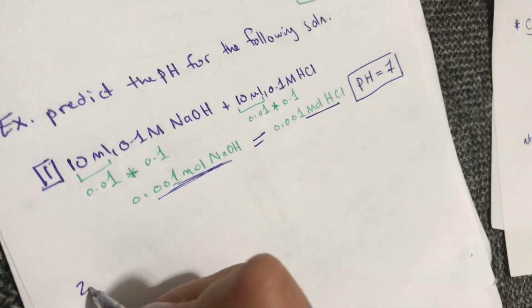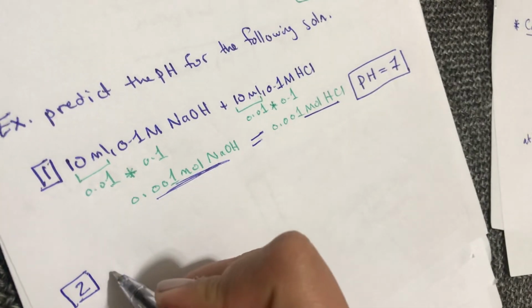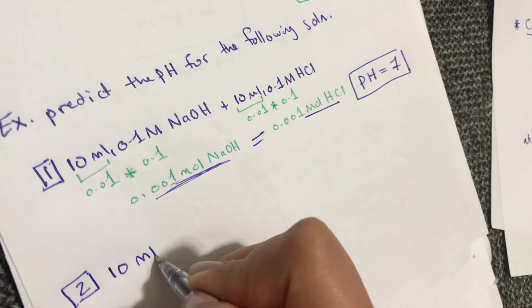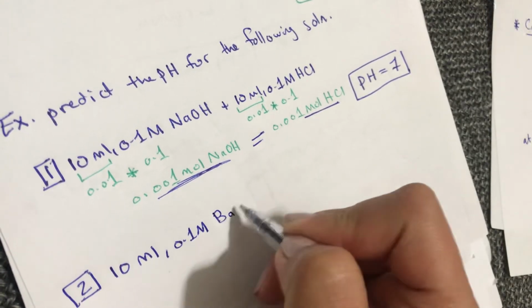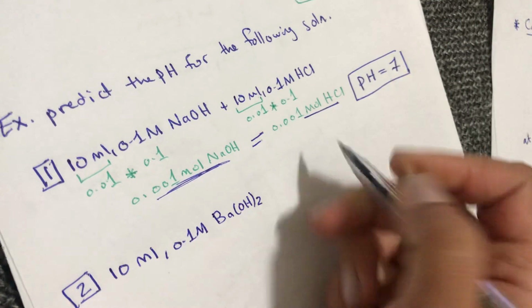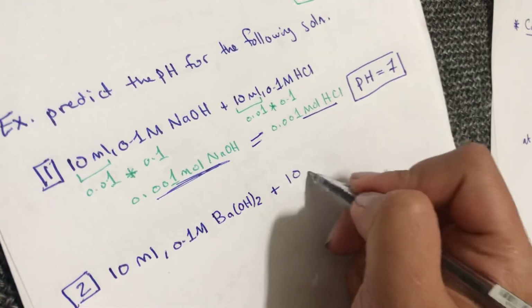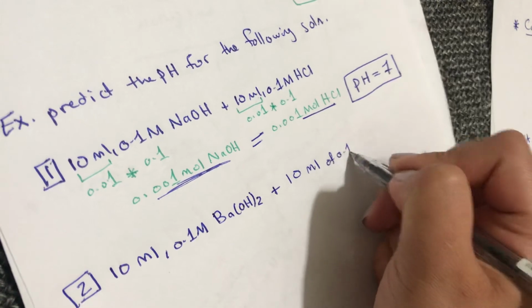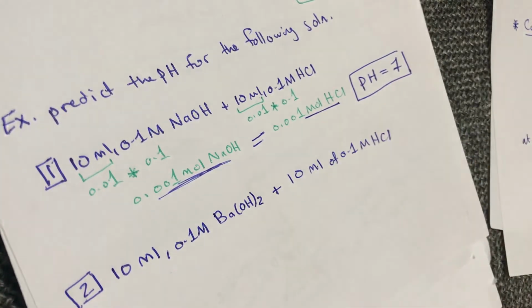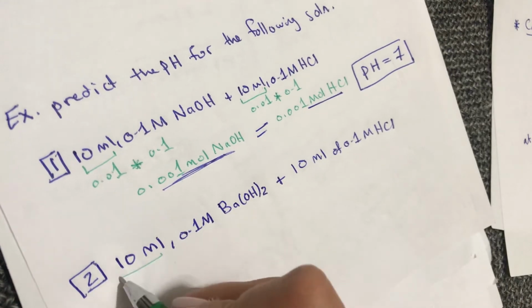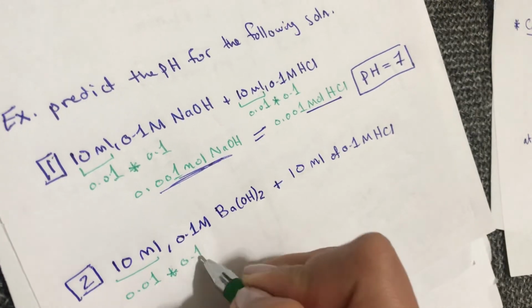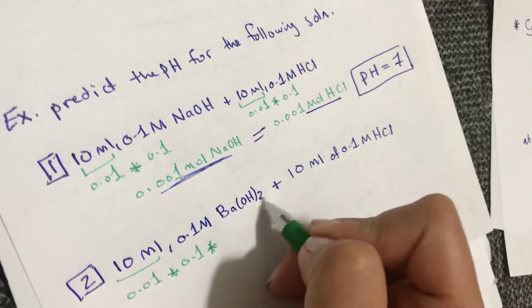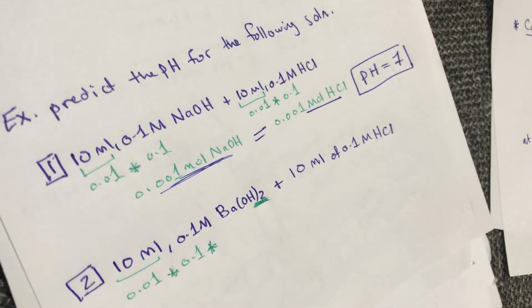Now if you have 10 ml of 0.1 molar barium hydroxide added to 10 ml of 0.1 molar hydrochloric acid. So here 10 ml, 0.01 liter times concentration 0.1 times 2, because here you have 2 moles of hydroxide ions in the solution.